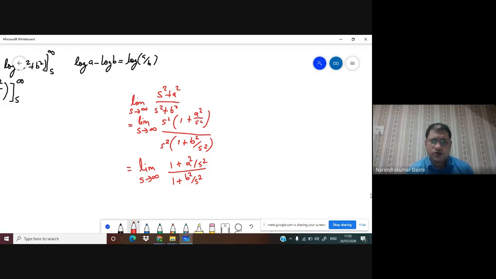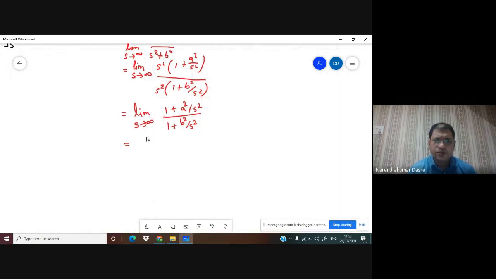Okay, so that's what we have. Now let us see. What I'll get here, if I put s tends to infinity, is 1 plus 0 upon 1 plus 0, and that is equal to 1.